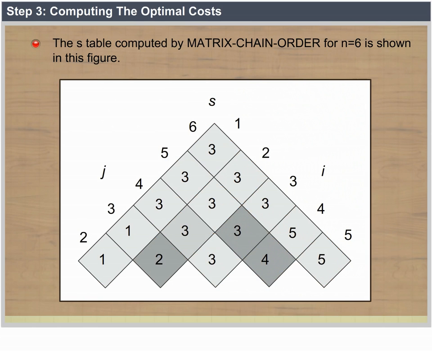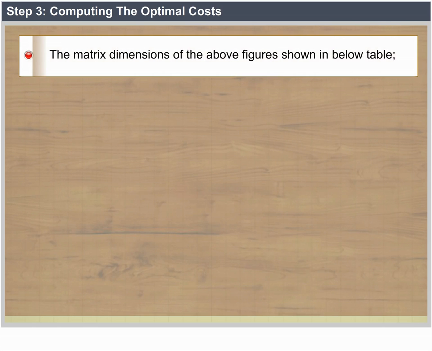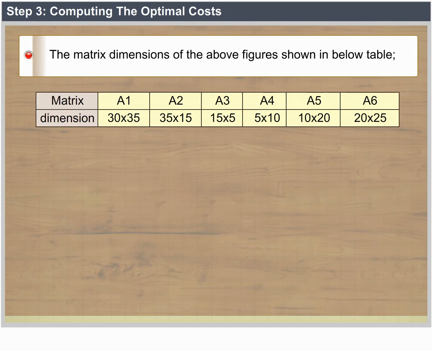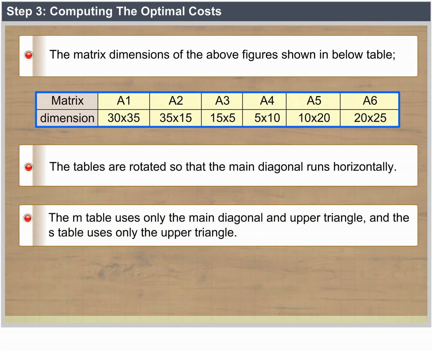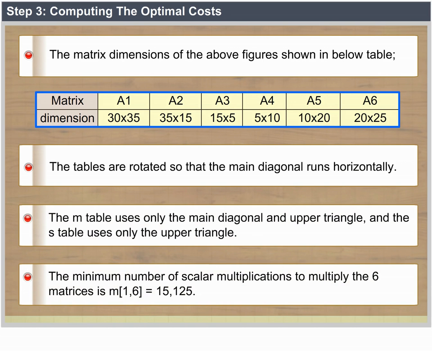The matrix dimensions of the above figure are shown in this table. The tables are rotated so that the main diagonal runs horizontally. The m table uses only the main diagonal and the upper triangle, and the s table uses only the upper triangle. The minimum number of scalar multiplications to multiply the 6 matrices is m of 1, 6 equals 15,125.